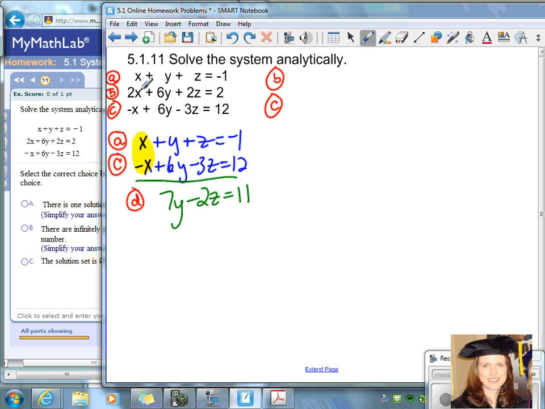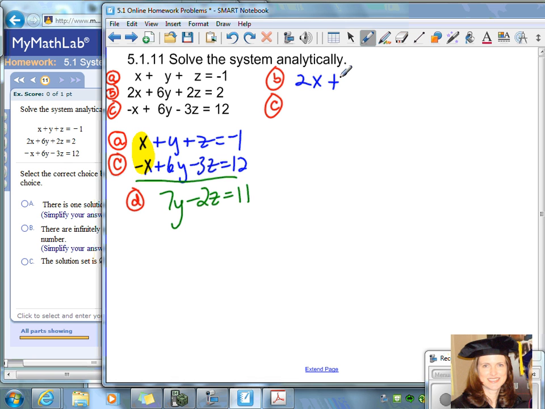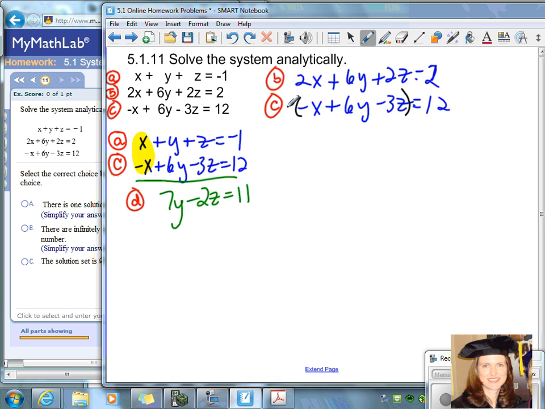Now I want to combine equation B with C. Equation B was 2x plus 6y plus 2z equals 2. And equation C was -x plus 6y minus 3z equals 12. So I want to get opposite x's. In order to get opposite x's, I have to multiply the whole C equation by a positive 2.